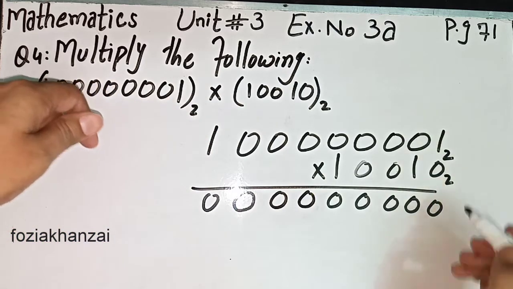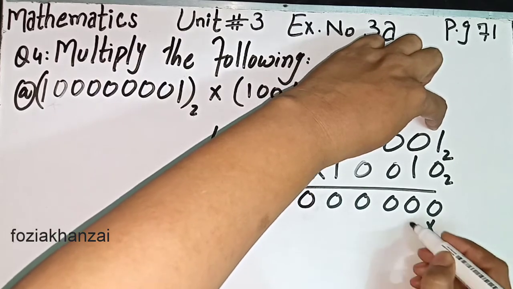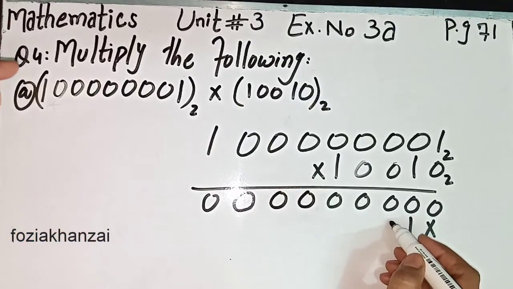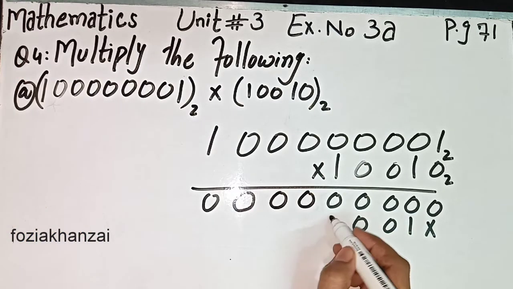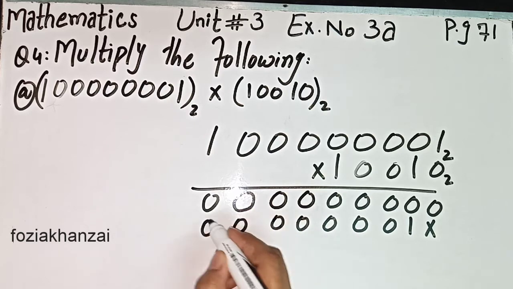Now 1 multiplied by 1, 1 1s are 1, 1 0 0, 7 0s, we put 7 0s.